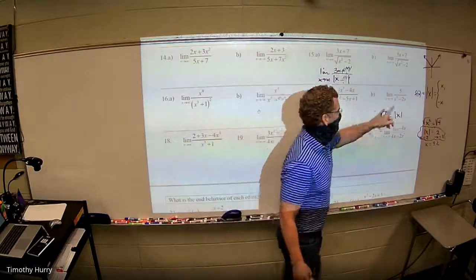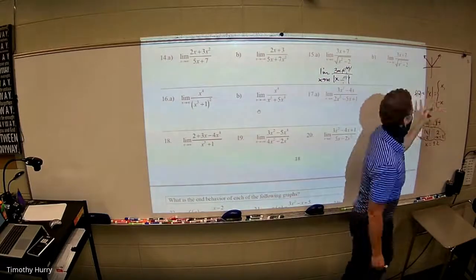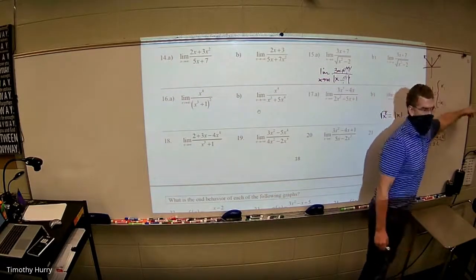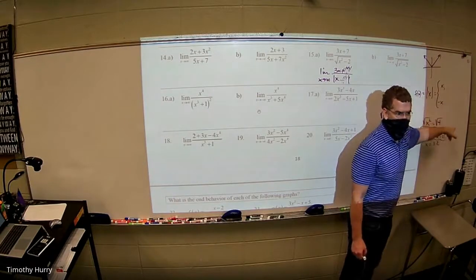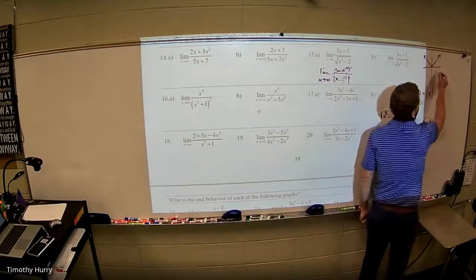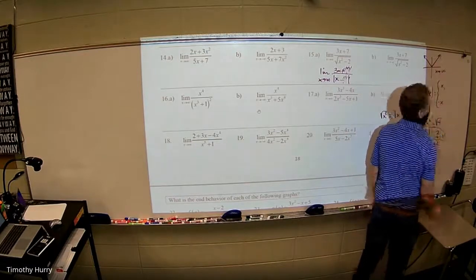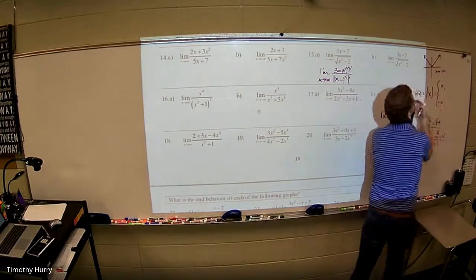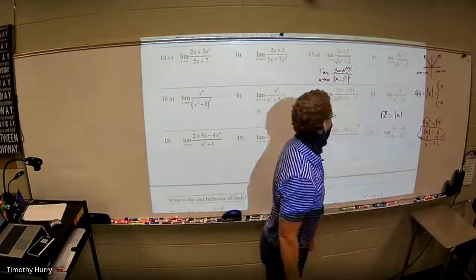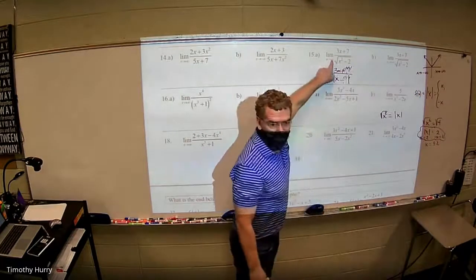Well, that's where I go to this. Sometimes it's going to be positive x. Sometimes it's going to be negative x. Well, guess when it's positive x? When I'm heading to infinity. Guess when it's negative x? When I'm heading to the left, negative infinity. Which way are you heading?